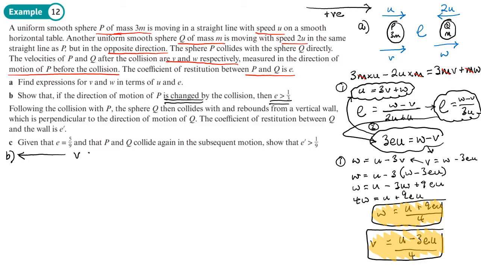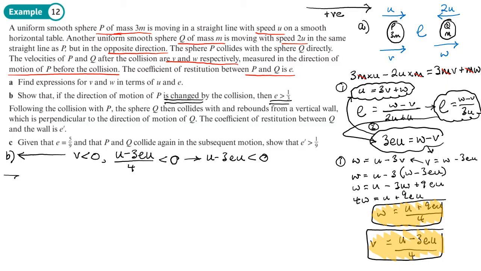We've got an expression for v, which means that u minus 3eu over 4 will be negative. Let's times both sides by 4, which means that u minus 3eu is going to be less than 0.